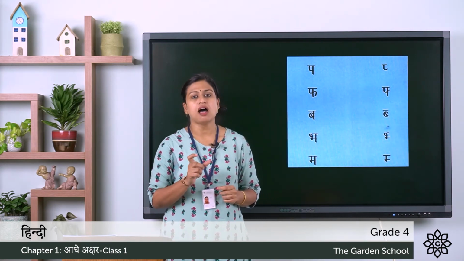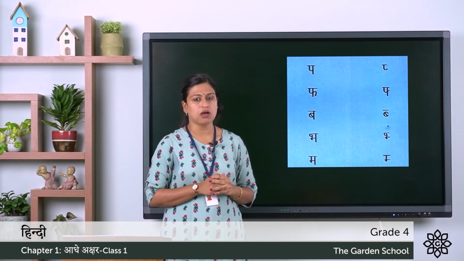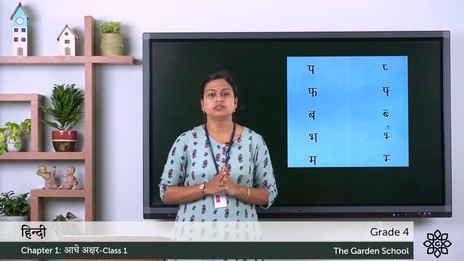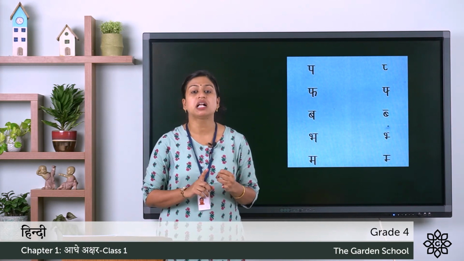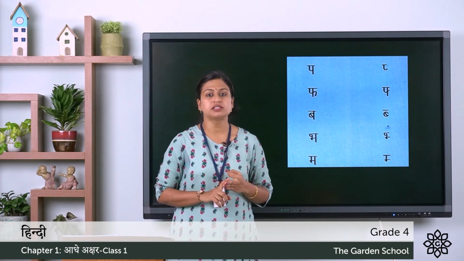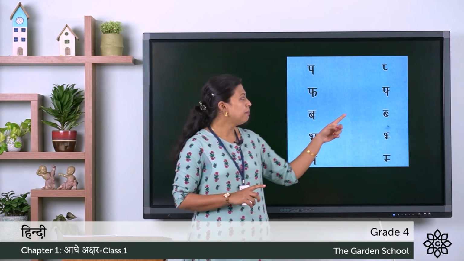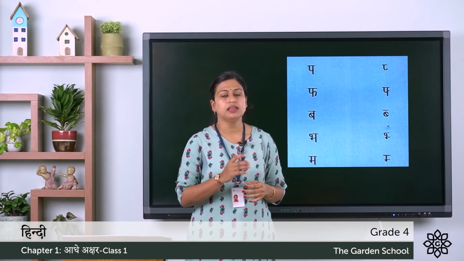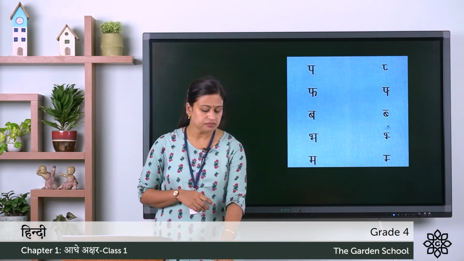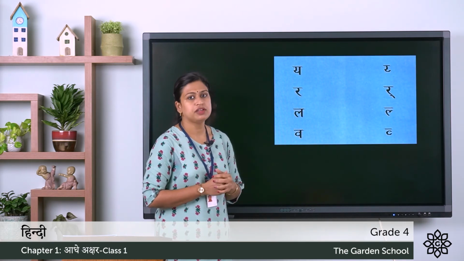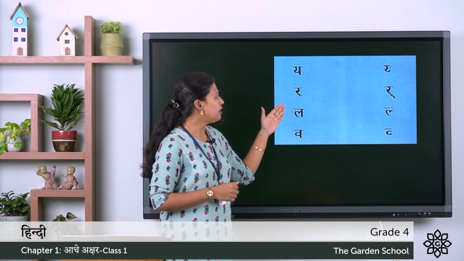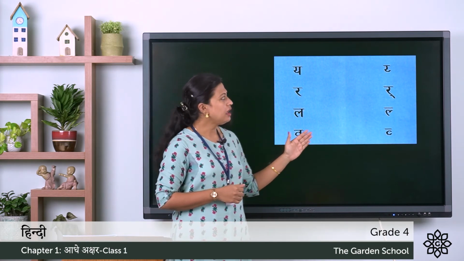So these half forms have very short sound. One thing you might have noticed is that Vyanjan Akshar Ka and Vyanjan Akshar Fa both have the standing line in the half form.